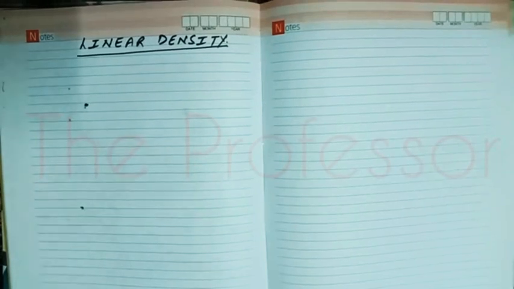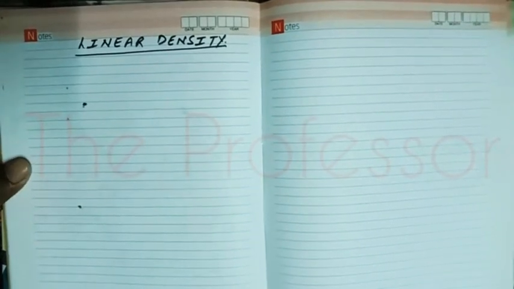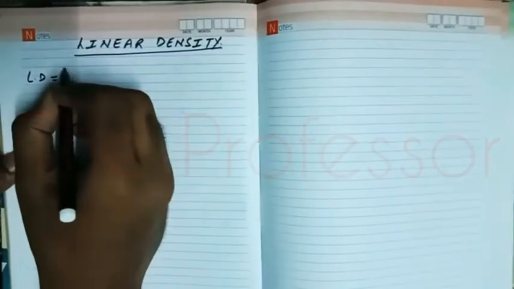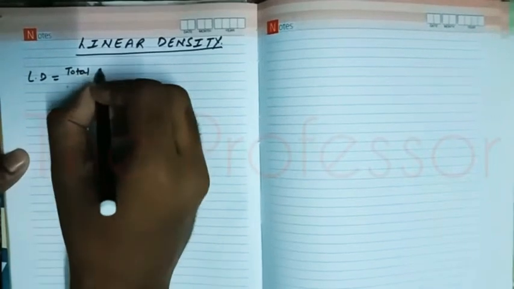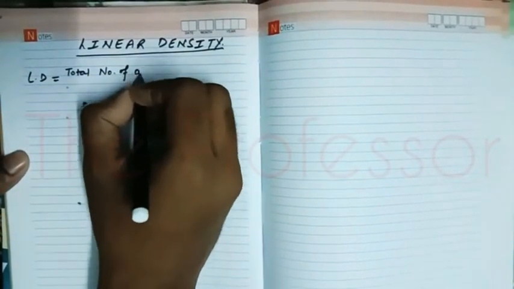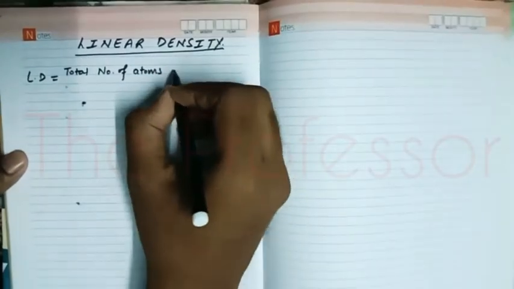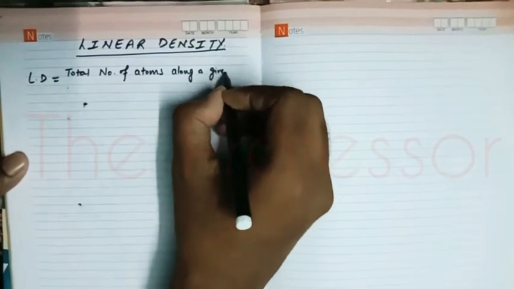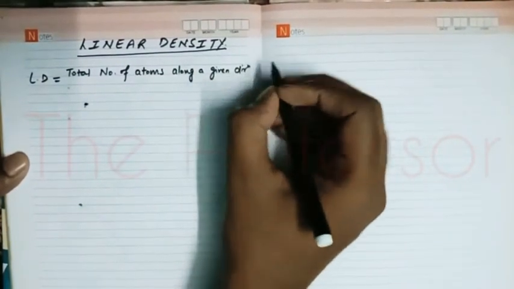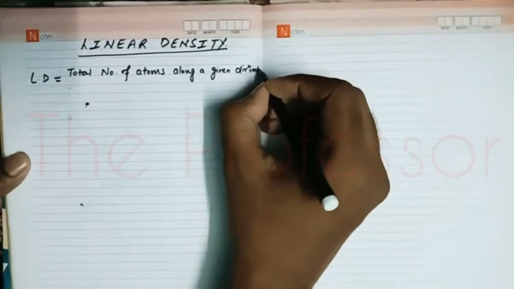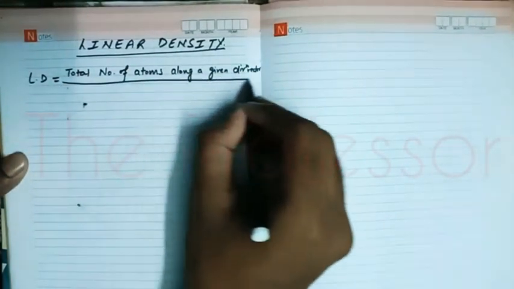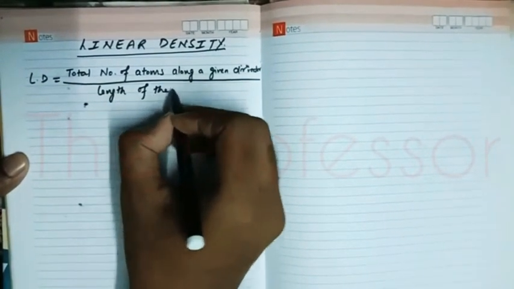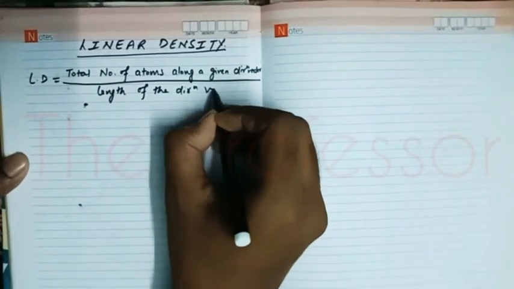So first of all let us see कि linear density होता क्या है. So linear density is defined as the ratio of total number of atoms along a given direction vector divided by the length of the direction vector.